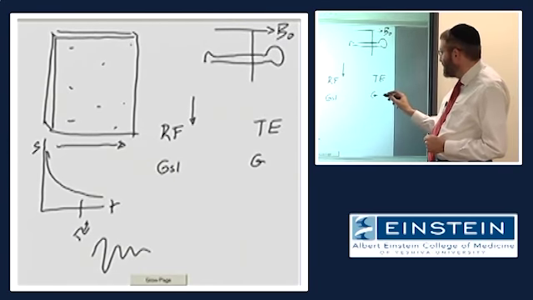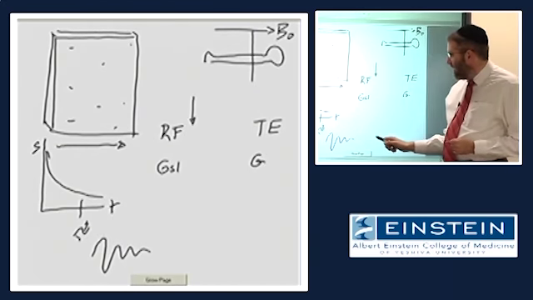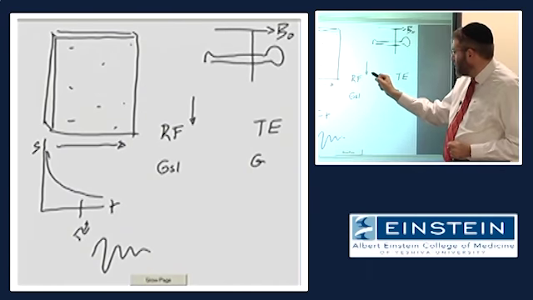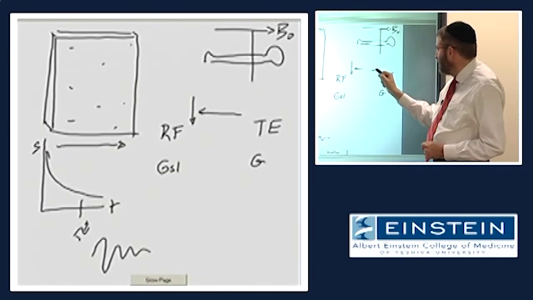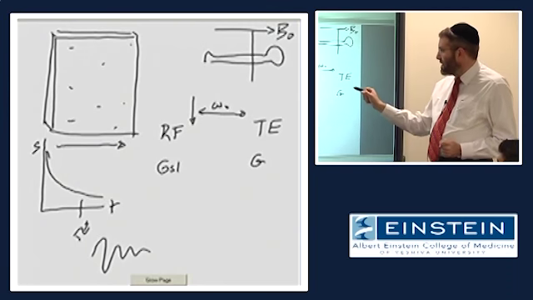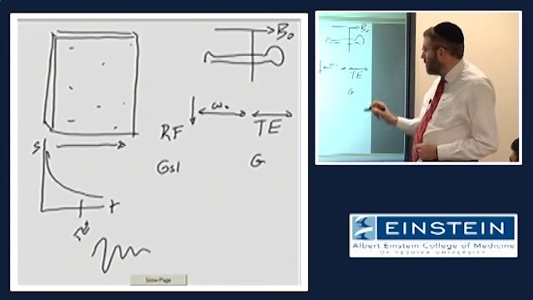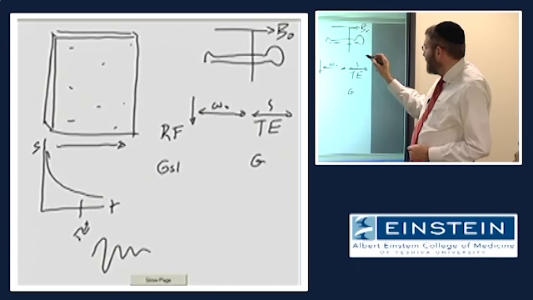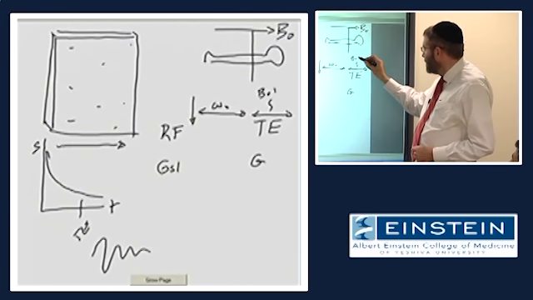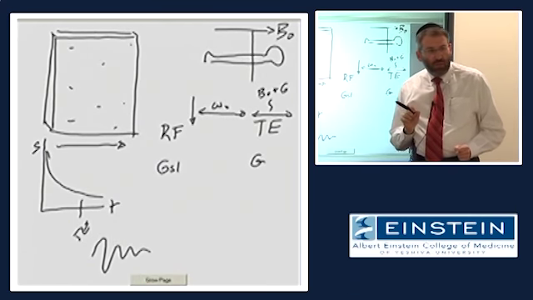If I turn that gradient on at the time that I'm sampling the signal, that means that all of the spins in that slice, which during this period of time were precessing at the Larmor frequency, all of a sudden, during this period of time that that gradient is on, are precessing at a frequency that depends on the static magnetic field plus however much gradient magnetic field they are experiencing.